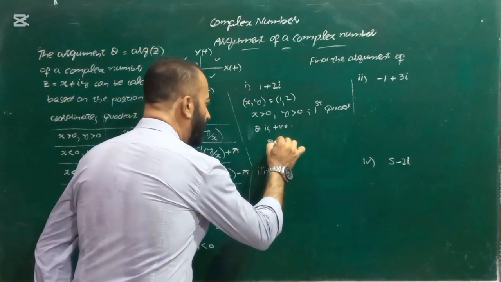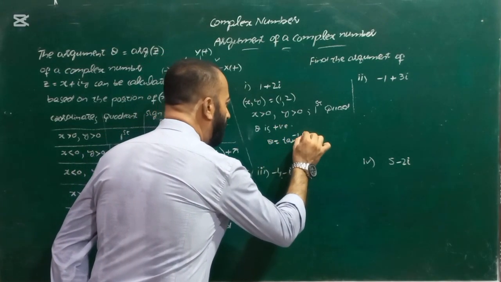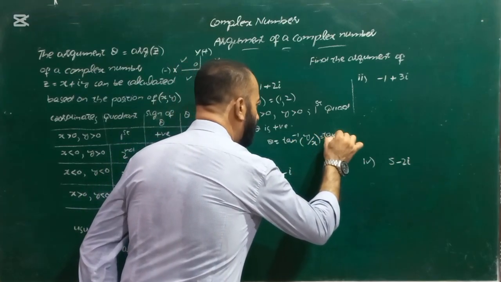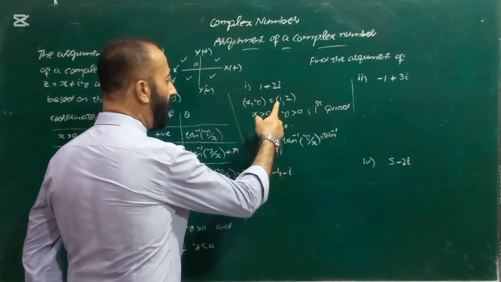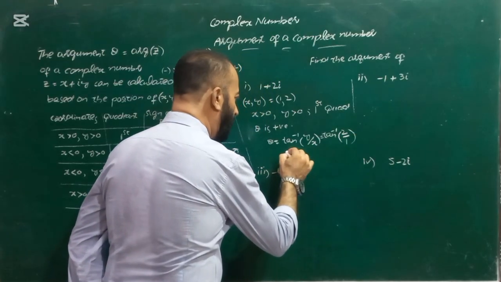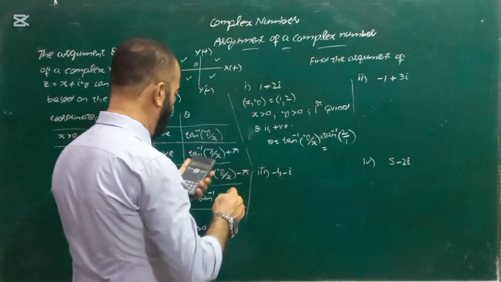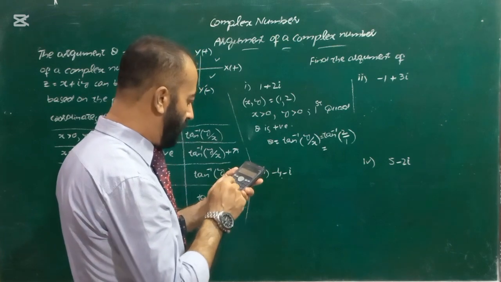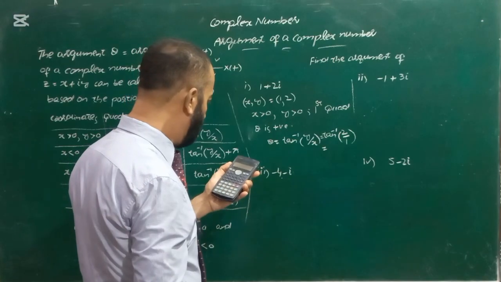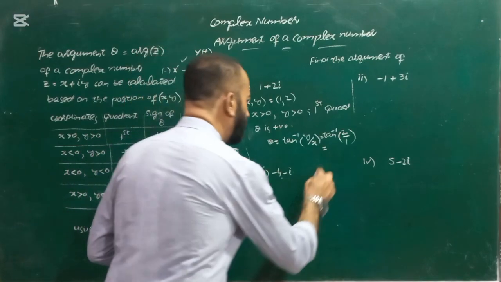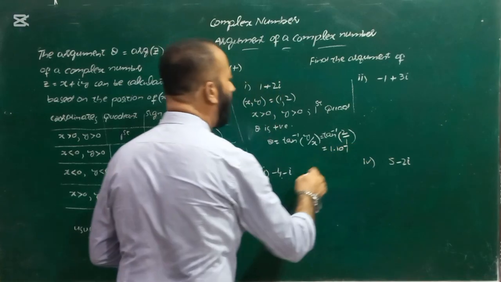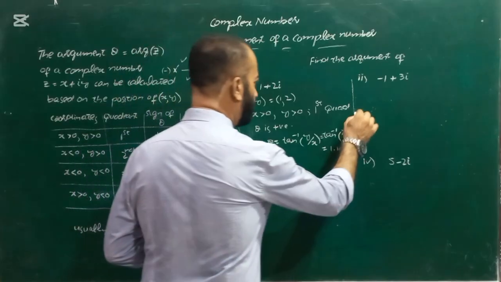Theta is tan inverse y by x, so that means tan inverse of y is 2, x is 1, so 2 over 1. Very final step: first change your calculator into radian mode and find tan inverse 2. That will be equal to 1.107. So this is the argument of this complex number.